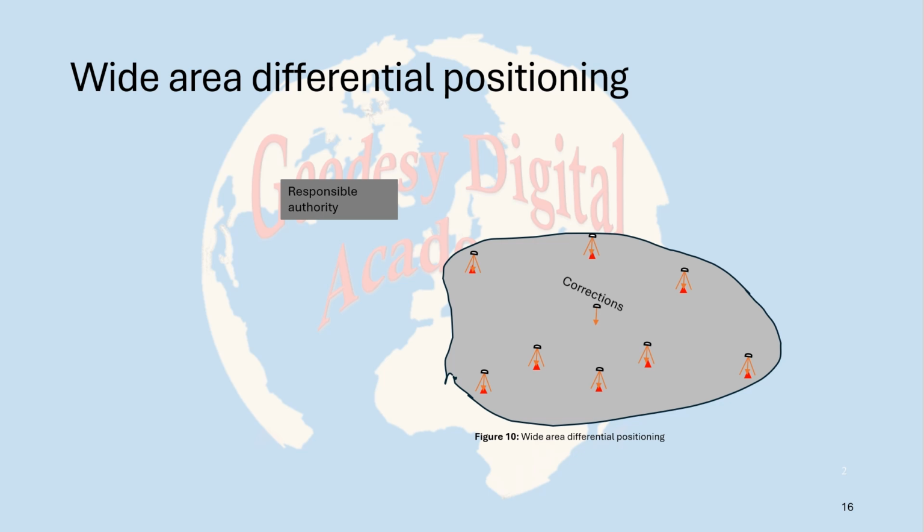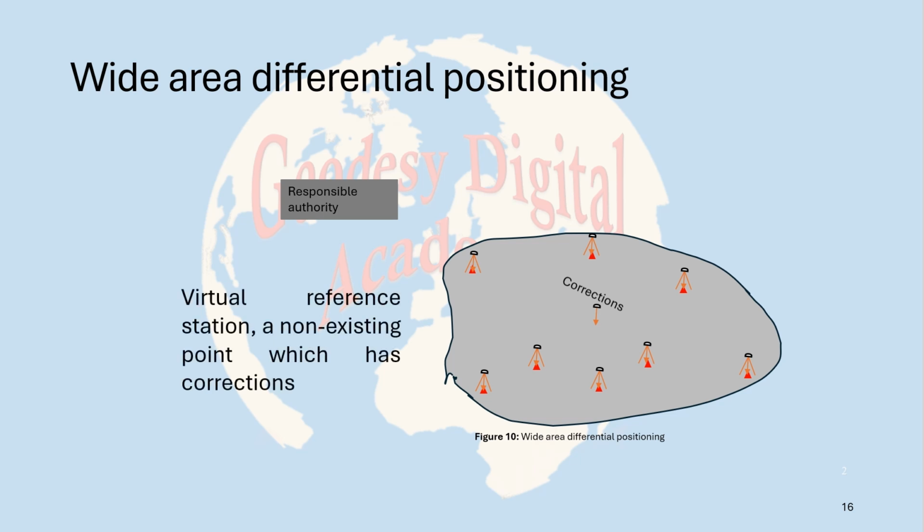It is similar to having a reference station, because I needed the reference station to get these corrections. But if I have the corrections from other sources, it is similar to that. I have a reference station, but it doesn't exist practically. So I have a virtual reference station.